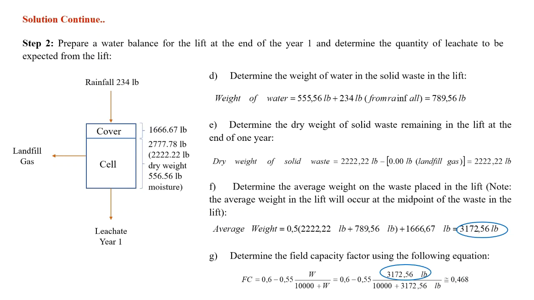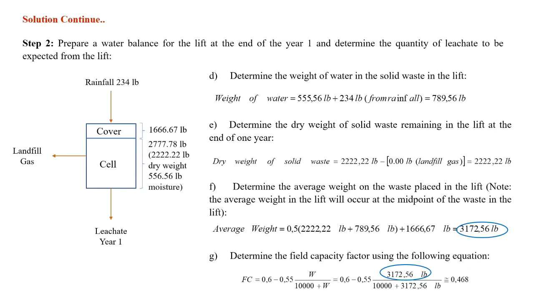And in the next step, we will find the field capacity of solid waste, but to use this equation, we need an average weight on the waste placed in the lift. And please note that the average weight in the lift occurs at the midpoint of the waste in the lift. So after we add dry solid waste and the moisture waste together, we should multiply this number with 0.5 and include the weight of cover.